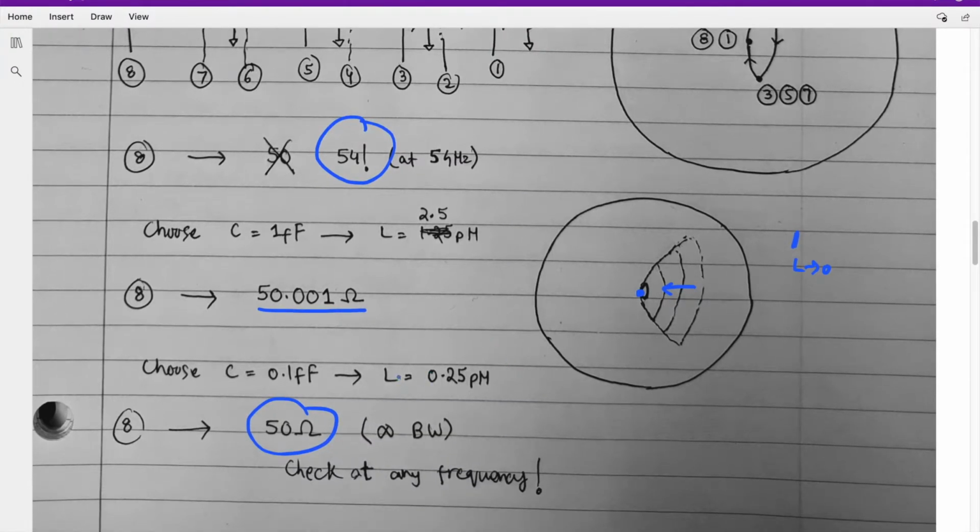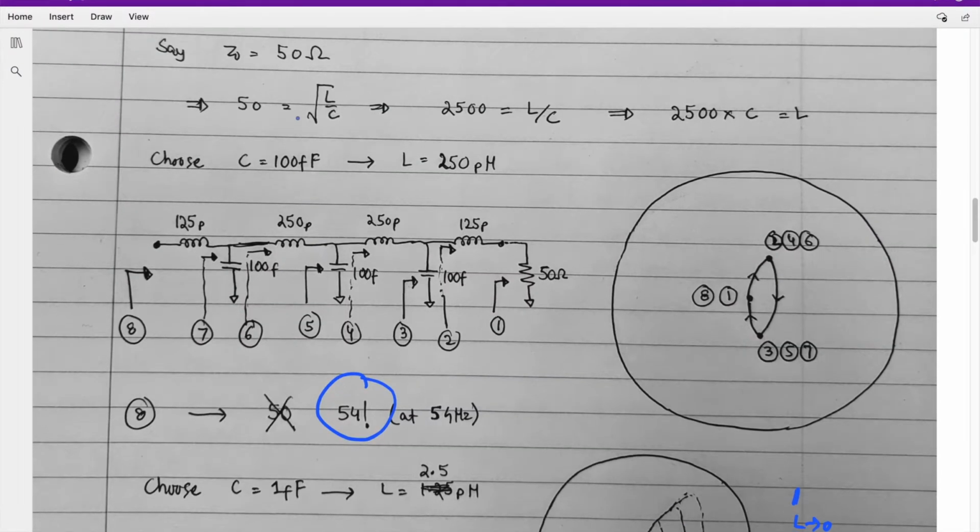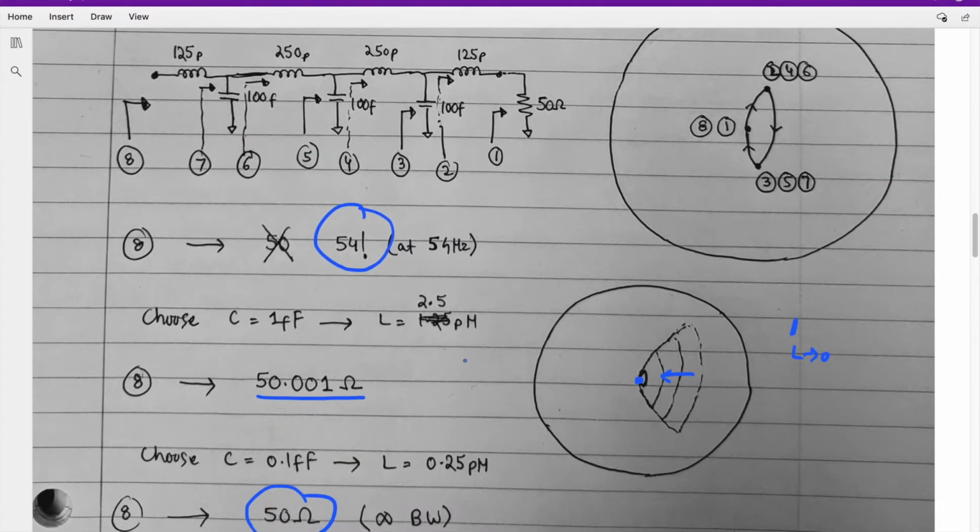Now, one more thing. Here I mentioned 5 gigahertz, but here I am saying infinite bandwidth. This is another interesting property. An ideal transmission line is frequency independent, which means if you synthesize L and C's according to that formula, Z0 equals the square root of L by C, it is frequency independent.